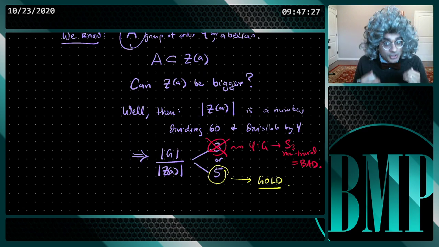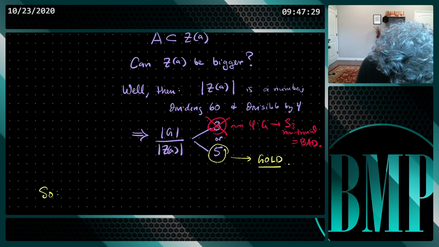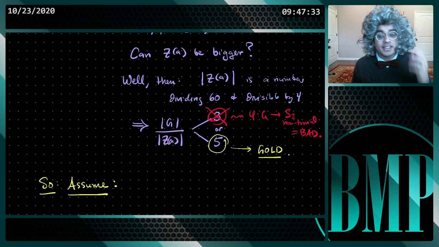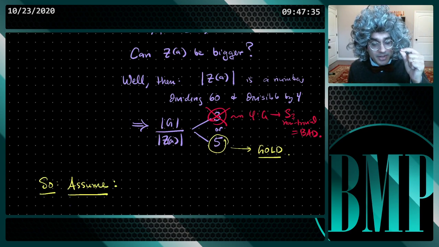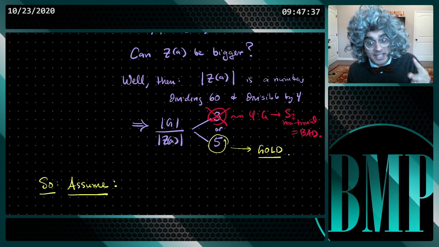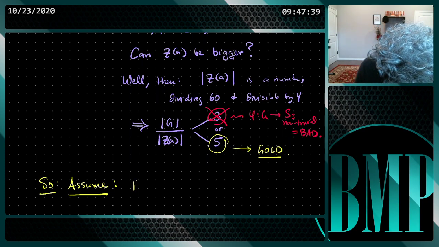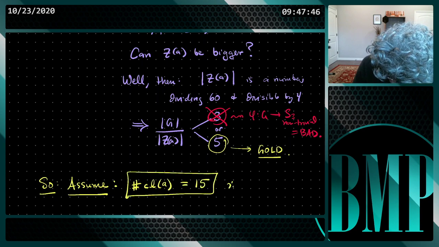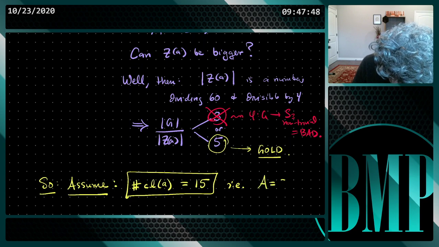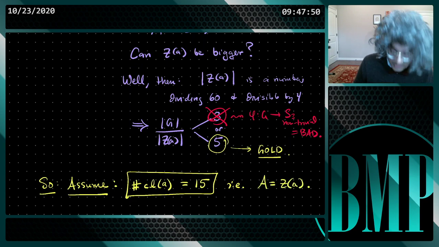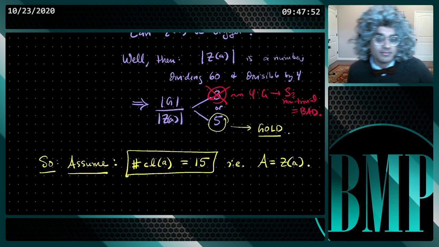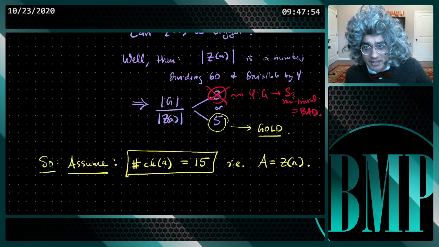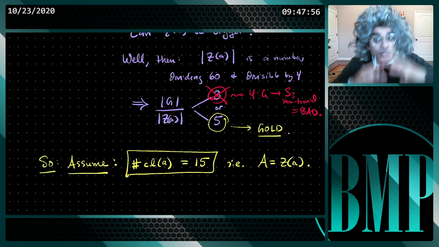So we can assume that the conjugacy class of this element has size 15, i.e., A is the centralizer of the element. We get to assume that, because in other cases, we're done.